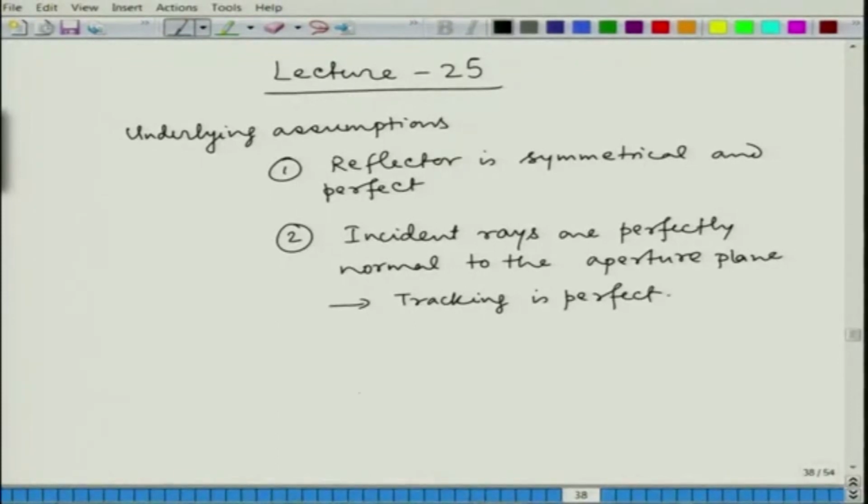Basically if you have this parabolic trough and this is our aperture plane, we are assuming that all the rays are perfectly normal to this aperture plane. And when is it possible? When the parabola can orient itself exactly looking at the sun, and then only this assumption will be true.